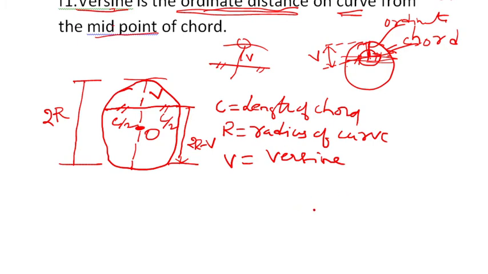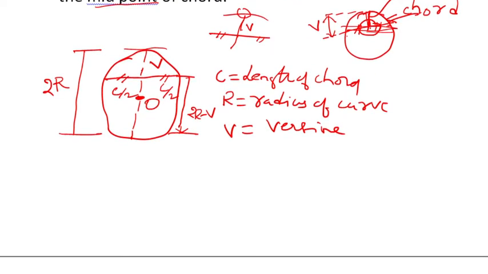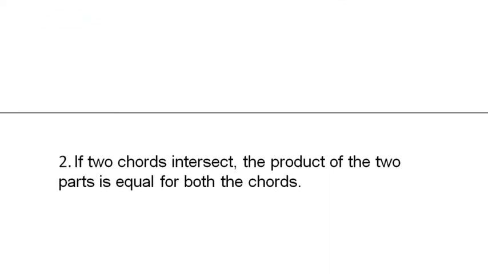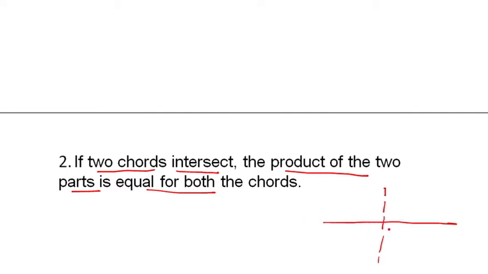Before calculation, we want to see a small concept of circle. If two chords are intersecting, the product of the two parts is equal for both the chords. What does this mean? Let us say this is one chord and you have one more chord like this. This is O, the point of intersection.